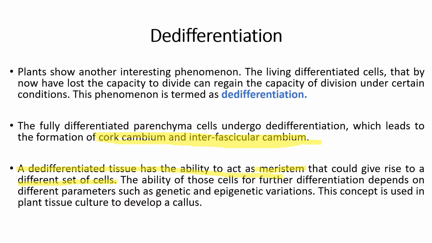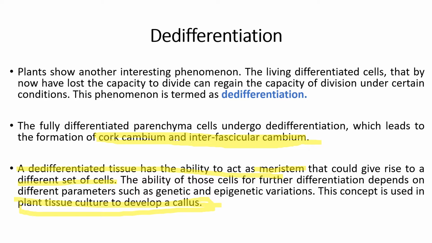The ability of those cells for further differentiation depends on different parameters. In differentiation there were structural changes in the cell wall and protoplasm. In the case of de-differentiation, the parameters on which it depends are genetic and epigenetic variation. This concept is used in plant tissue culture to form a callus.